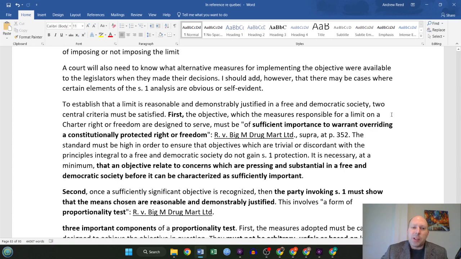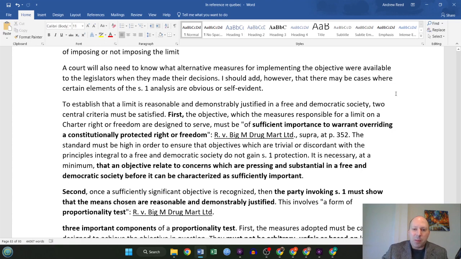So, to establish that a limit is reasonable and demonstrably justified in a free and democratic society, two central criteria must be satisfied. First, the objective. The objective which the measures responsible for a limit on a Charter right or freedom are designed to serve must be of sufficient importance to warrant overriding a constitutionally protected right or freedom.